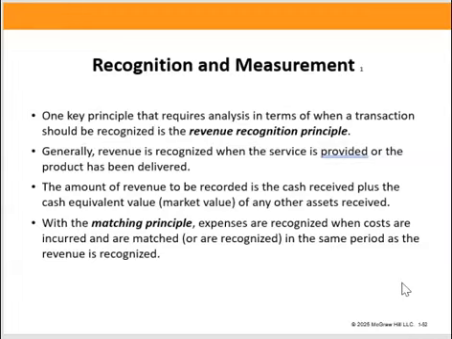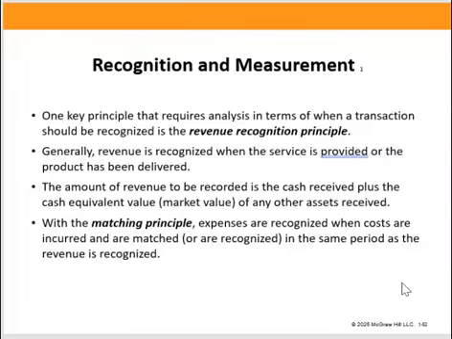For example, if you sell something to your customer today, but they don't pay you for a month, you still record the revenue for today, not the day that you receive the cash for it. That would be recorded as accounts receivable.